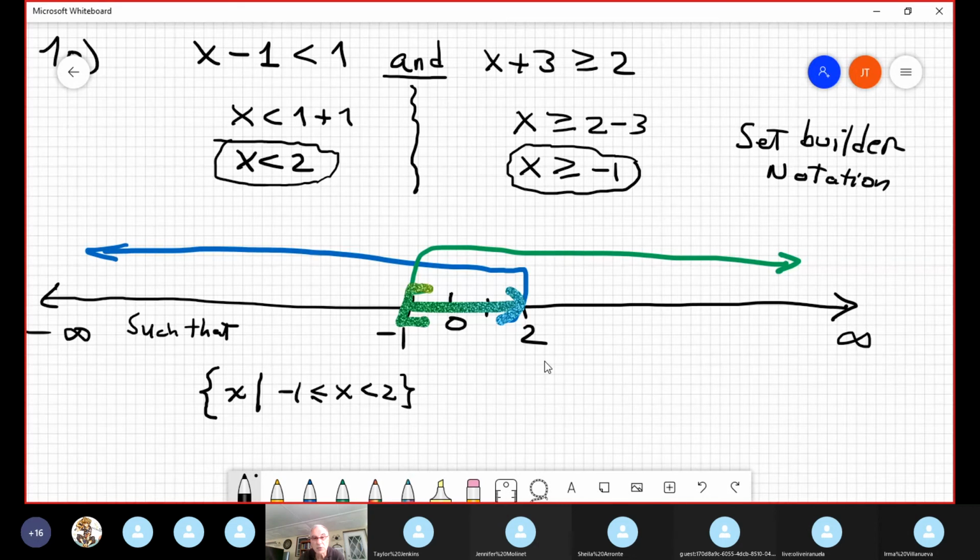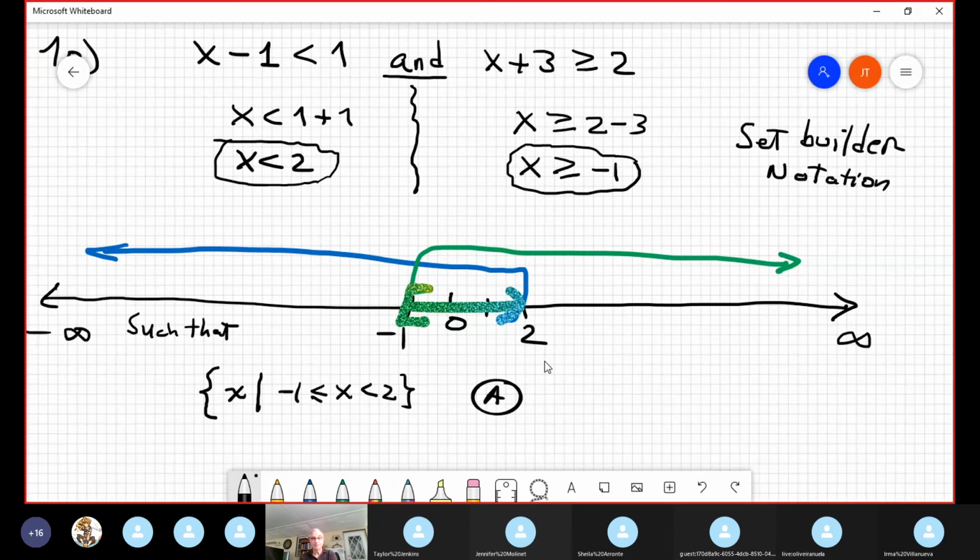Of course, do not include 2, no equal, and include negative 1, yes. Among the options, it is obvious that A is the correct answer. Do you see or not? More clear now?